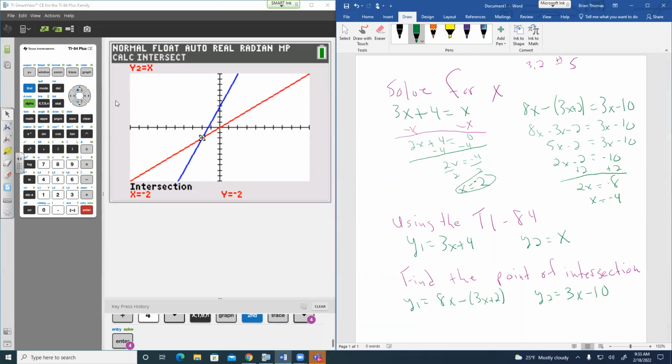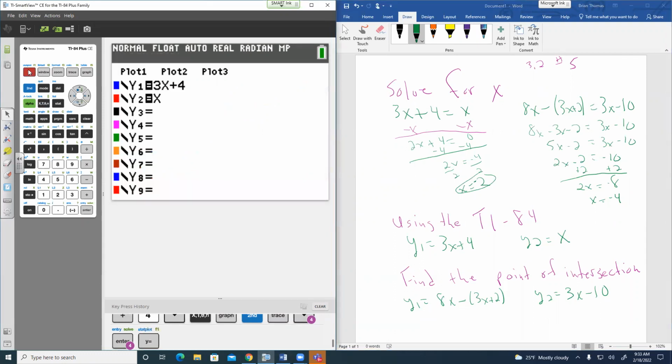So in the graphing calculator, I'm going to go y1 equals 8x minus this 3x plus 2. So go back to y equals, and I'm going to clear those off. And we're going to bring this back up and go 8x. Oops, I'm on the equal sign. Got to slide out of there.